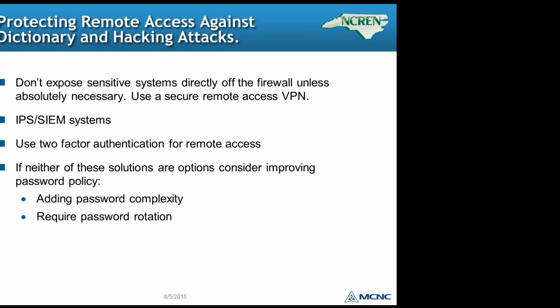Now, we also realize that folks have limited budgets, limited time, those kinds of things. So obviously, if neither getting IPS or getting two-factor authentication is available, one of the things that you can do now to improve this is just improve your password policy, by adding some password complexity and requiring people to rotate passwords.